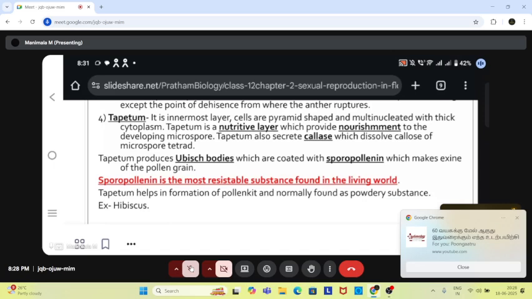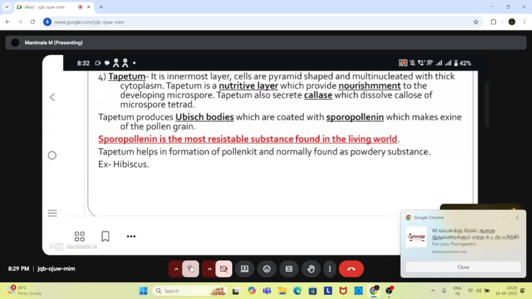Then only can the pollen grains be released out. For that purpose, callase is an enzyme which dissolves the callose of the microspore tetrad, the four chambers. That is with the help of callase. Okay, ma'am, thank you.